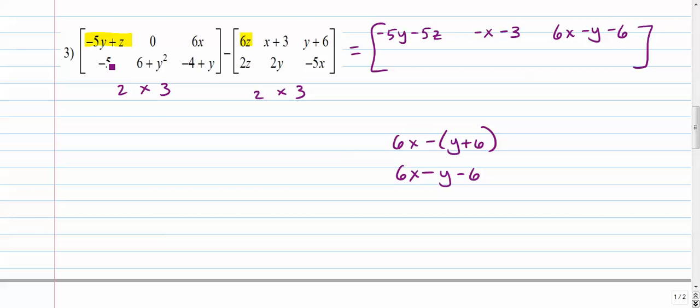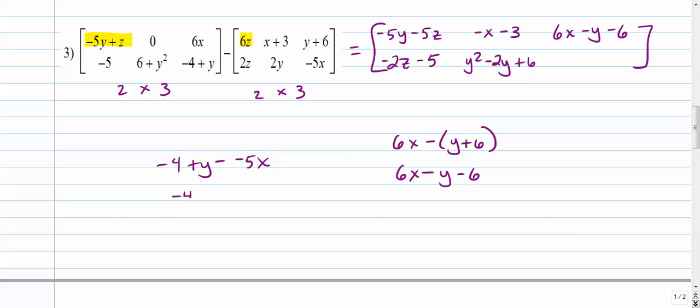Alright, moving on a little bit faster here. -5 minus 2z. Can't combine those, so just put them in standard form. 6 plus y squared minus 2y. Can't combine anything there, so we just make sure they're in standard form. Finally, -4 plus y minus -5x.